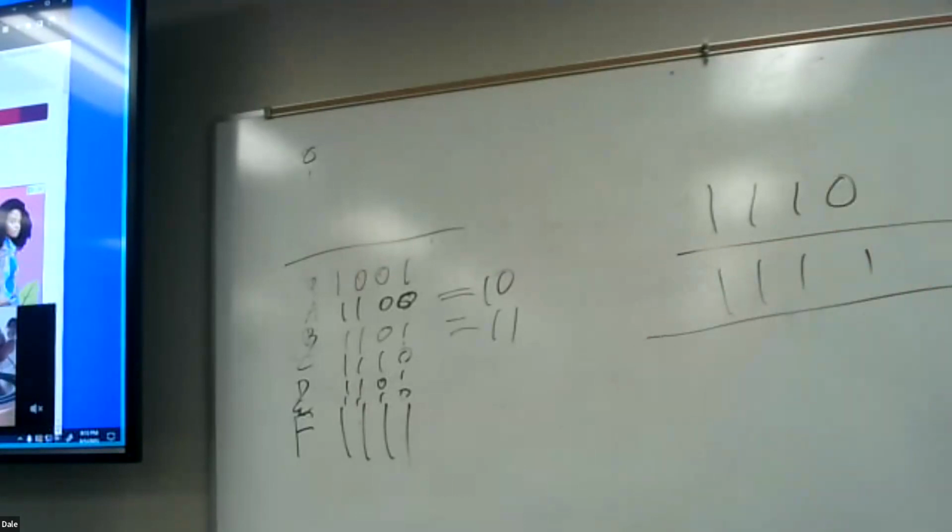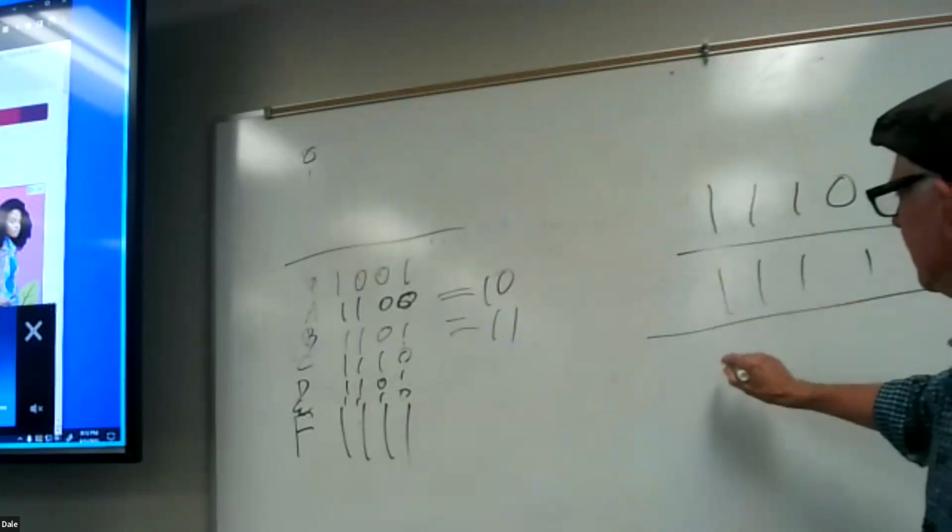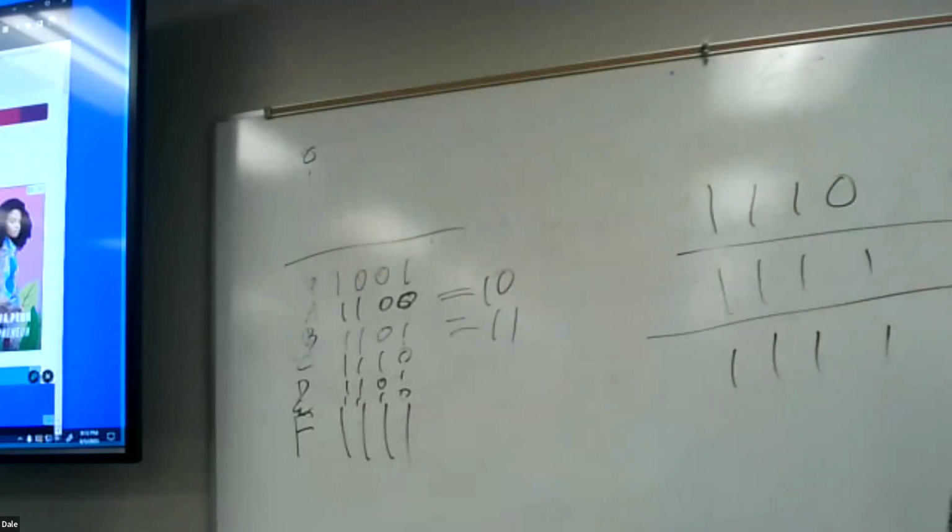And what did we learn about ANDing? Ancient history. ANDing anything with a 1 is a 1. Right. So if we ANDed this, it's still going to end up as a C, which doesn't change anything.